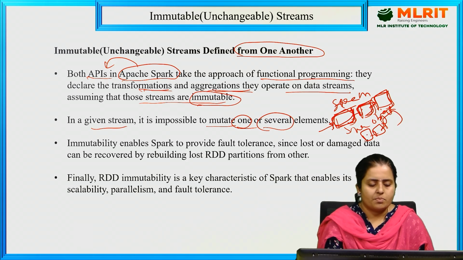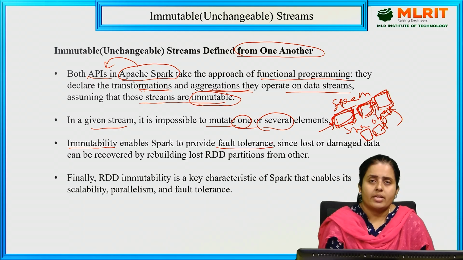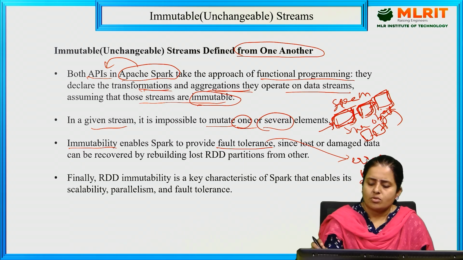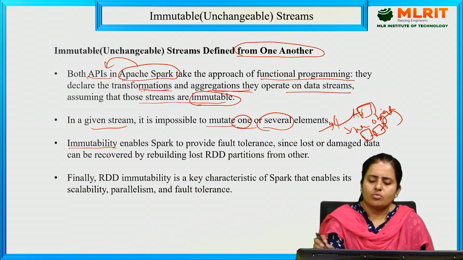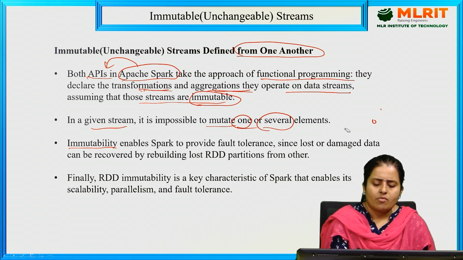Here we can say that immutability enables Spark to provide fault tolerance, which means that if any errors happen on any devices, we can recover the data by using the duplicate storing process, which is nothing but fault tolerance.